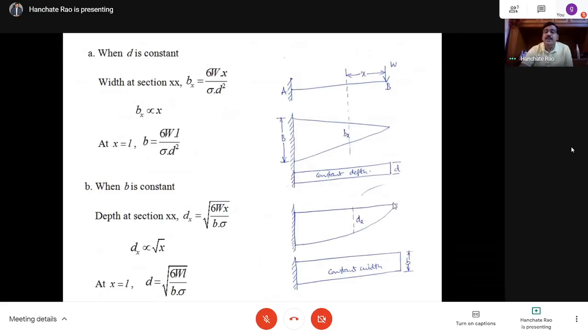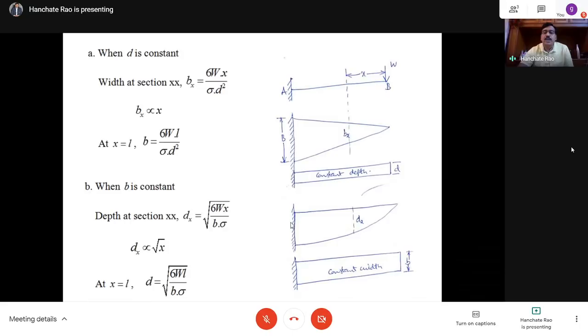That's why you see a curve. It's not a straight line. It is a curve, so d is proportional to square root of x. From this you can see again, at x is equal to 0, that is at point B, the depth is becoming 0. So there is no depth required.